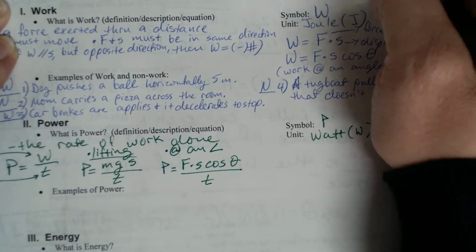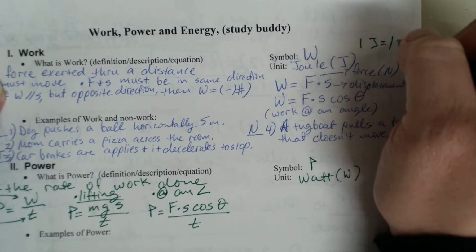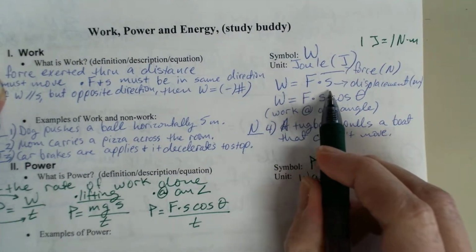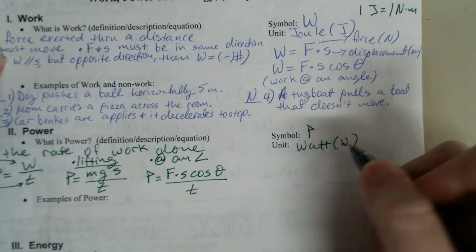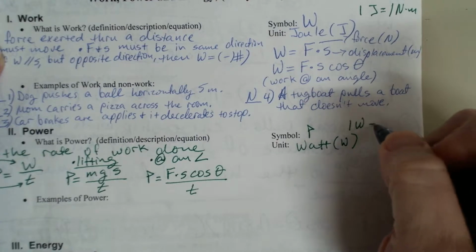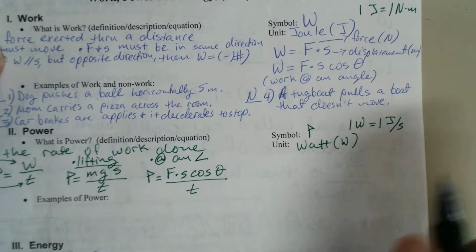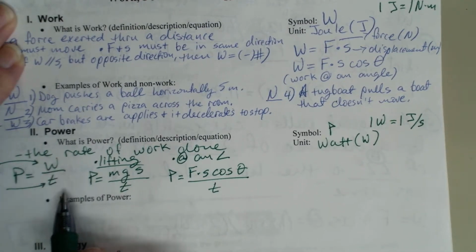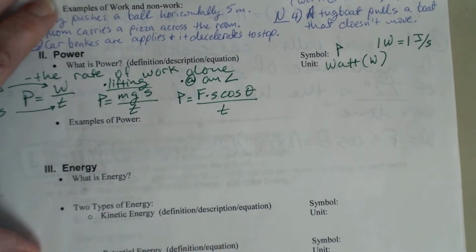So 1 joule is equal to 1 Newton times meter, which is why F times S is Newton meter. And 1 watt is equivalent to 1 joule per second, because watt is power and power is work over time, joules over seconds. So just so you know, that's kind of a conversion for how you do power.